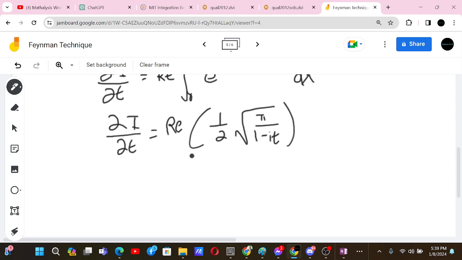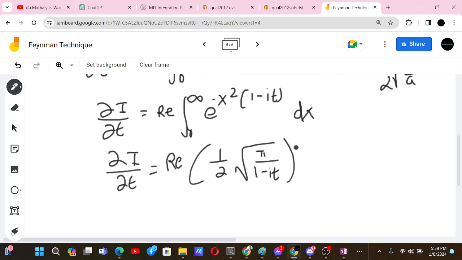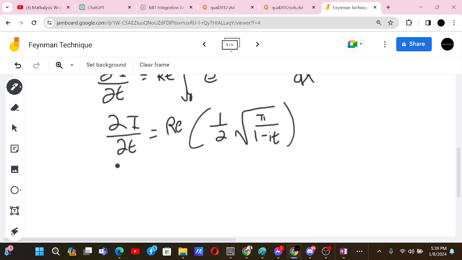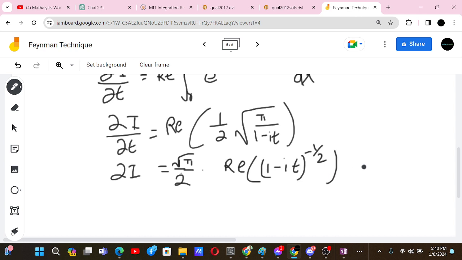Now we will take the dt to the other side. So dI equals root pi by 2 times the real part of 1 minus it to the power minus 1 by 2, and then dt.